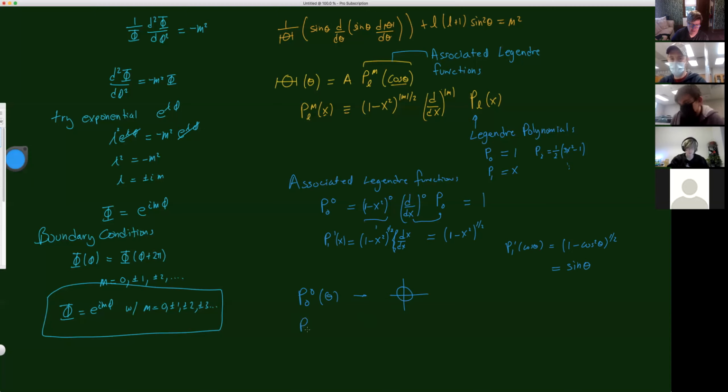If you look at, say, P10 of theta, it looks like this. Oh, no, wrong axis, sorry. Z-axis. Right? Let's look at P21. It looks like this.